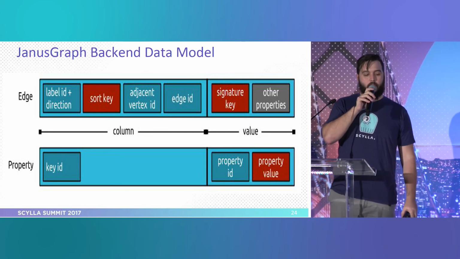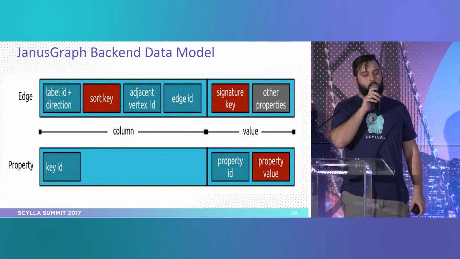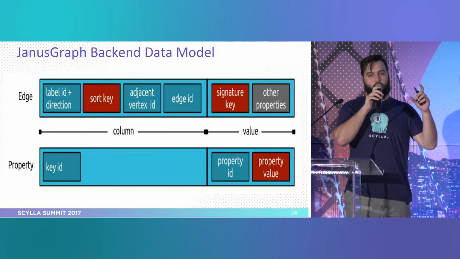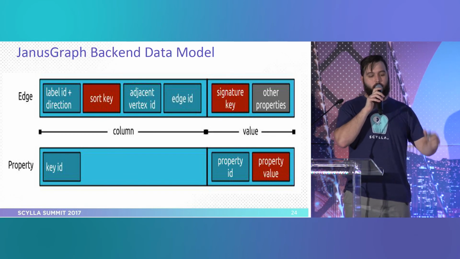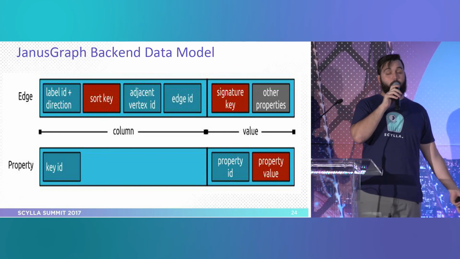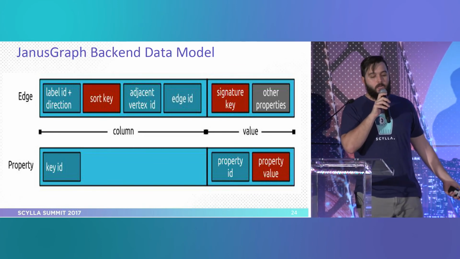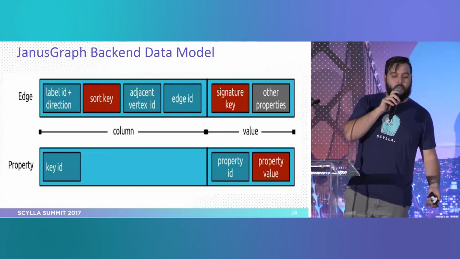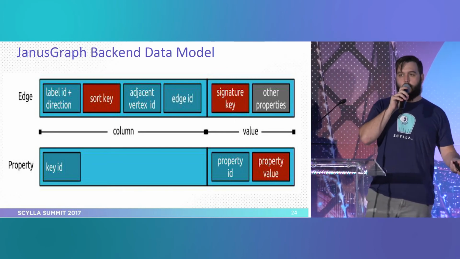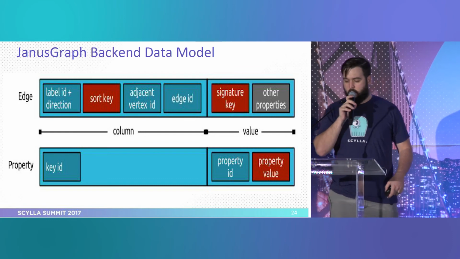A sort key that's defined by the vertex label, or what key you're going to sort on in the edges. The adjacent vertex ID, you've got to somehow move to the next vertex, right? And finally, the edge ID. And then the signature key and other properties are stored in the value.